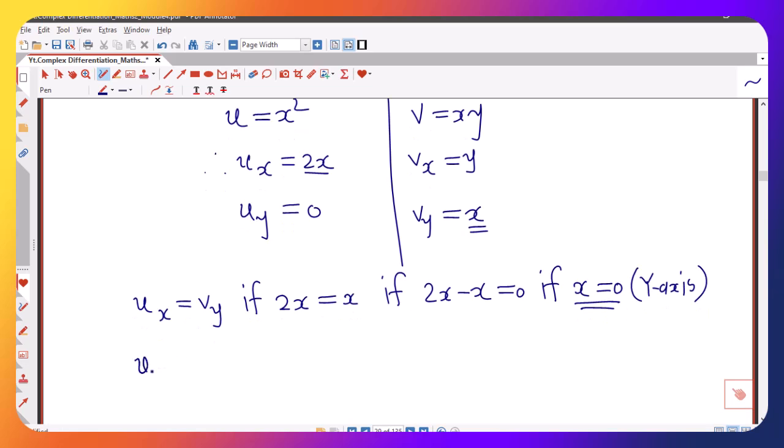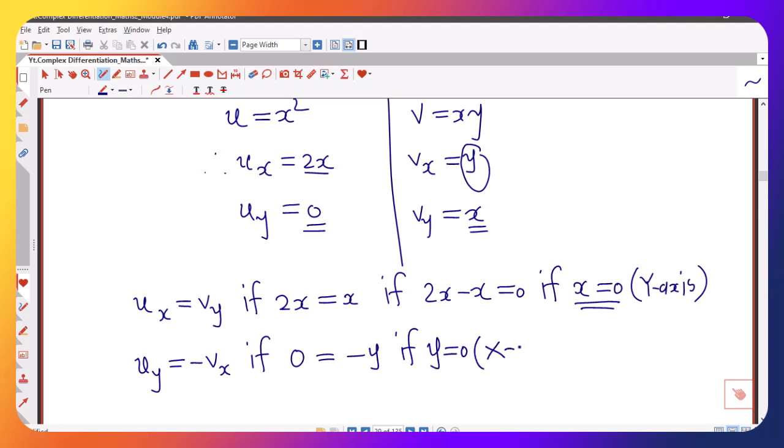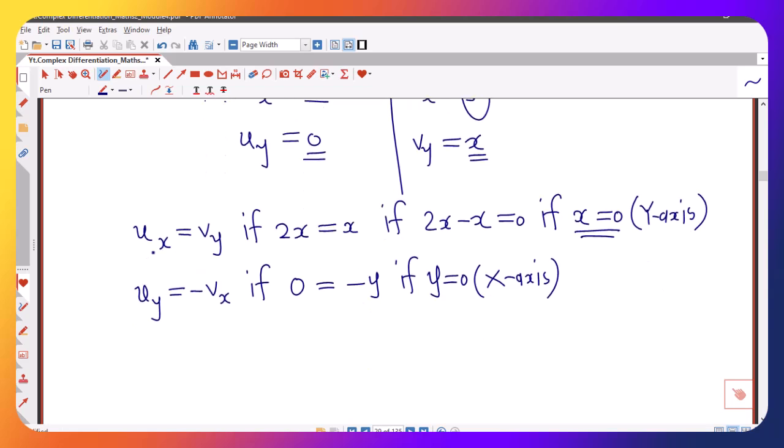Similarly, we check for del u by del y equal to minus del v by del x. These two are equal if 0 equals minus y, and this is true if y equal to 0, that is the x-axis. So here one equation is satisfied on the x-axis, another equation is satisfied on the y-axis.